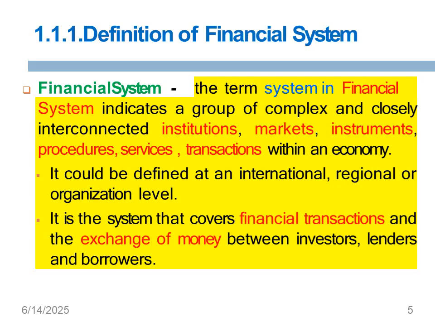When we come to the definition of financial system, first, what is a system in financial system? The term system in financial system indicates a group of complex and closely interconnected institutions, markets, and instruments such as bonds or other securities, procedures or steps or policies, services provided by financial institutions, and transactions, that is undertaking of exchanges within an economy.